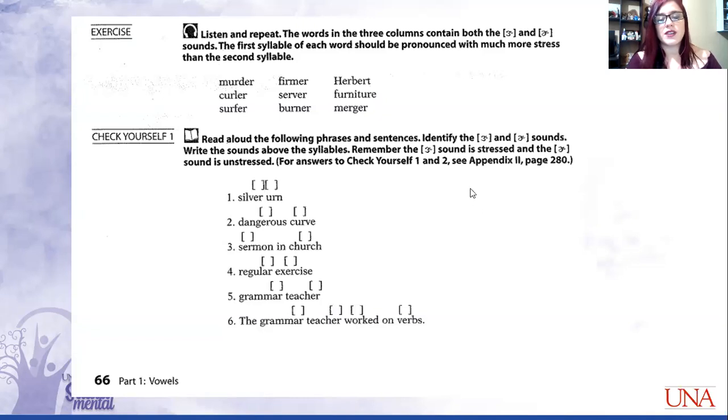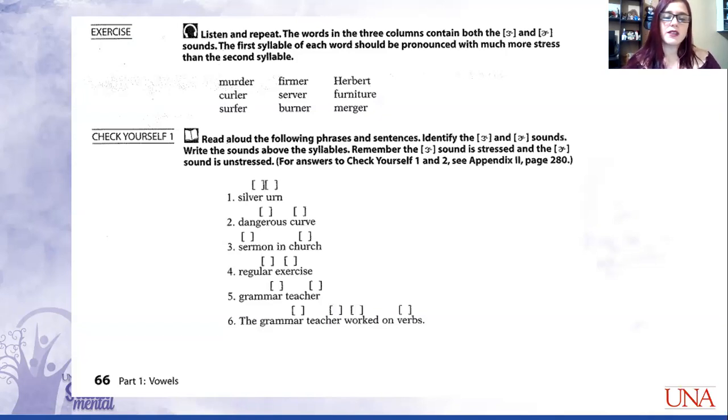Okay, and this is a check yourself section to be able to identify the sound better. The idea is that first we're gonna do the listen and repeat. We have the words murder, curler, surfer, firmer, server, burner, Herbert, furniture, merger, okay?